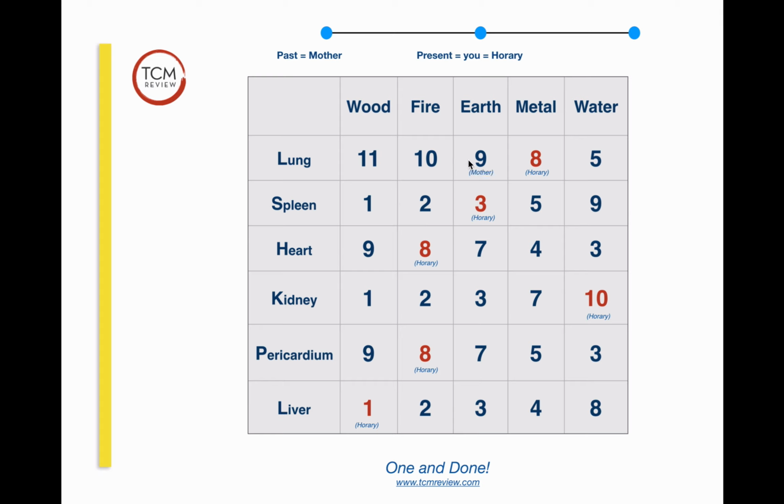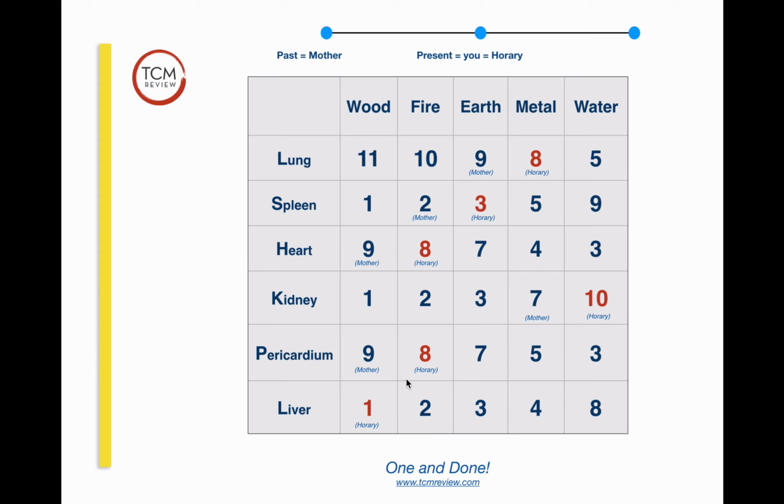And so here we have the lung mother is 9. It's 1 to the left of the horary point. All right, next we have spleen, and the mother point for spleen will be spleen 2, which is 1 to the left of the horary point. And then for heart, of course, would be 9 here. Kidney, 1 to the left would be kidney 7.